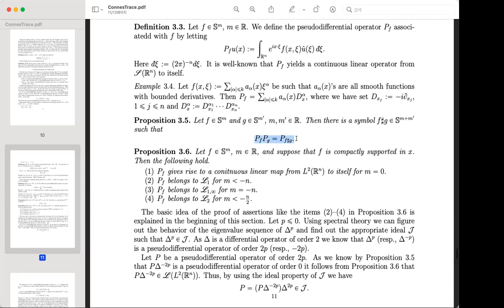This says that if we take the composition of the pseudo differential operator of order m and order m prime, we get another pseudo differential operator with order m plus m prime.